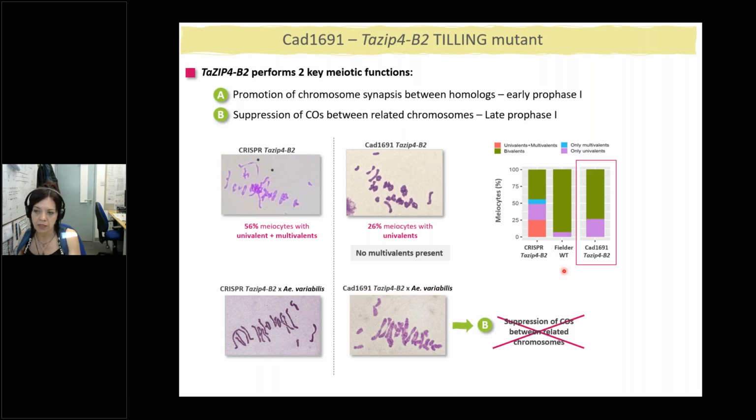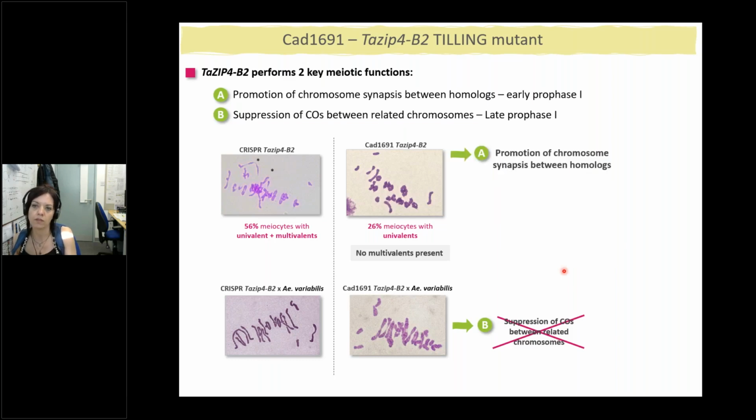All the abnormalities were due to the presence of univalents. And what seems like a small phenotypic difference actually has very important implications, because what this suggests is that this TILLING mutant has retained the ability of ZIP4 to promote synapsis between homologs, the first of the two functions.